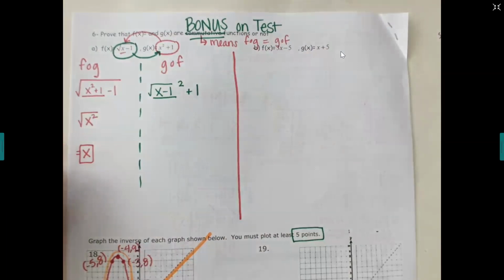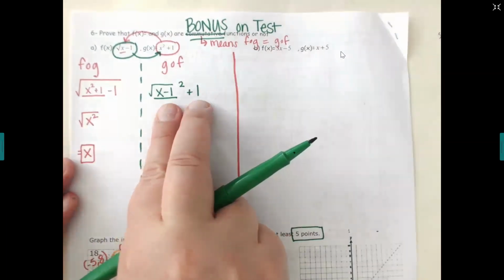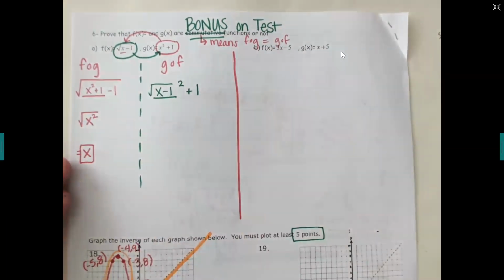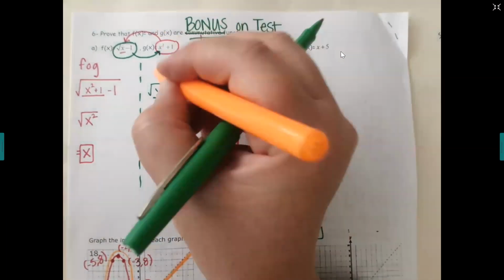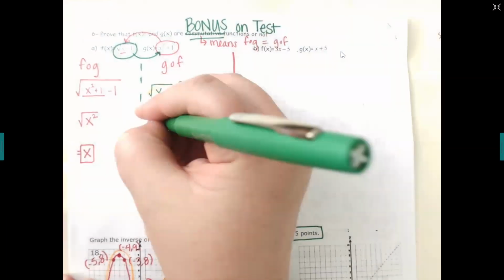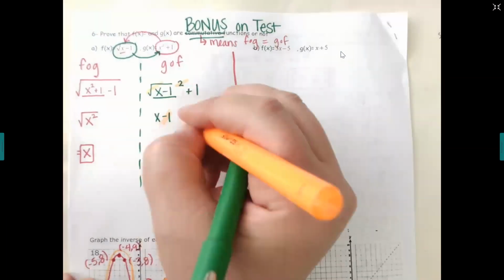And then you would say, okay, can I cancel the ones out here? No, because this one's inside, that one's outside, but what still can cross out? Squared and square roots still cross out. So then these are gone, and I have x minus 1 plus 1. And then the plus 1 minus 1 cross out.